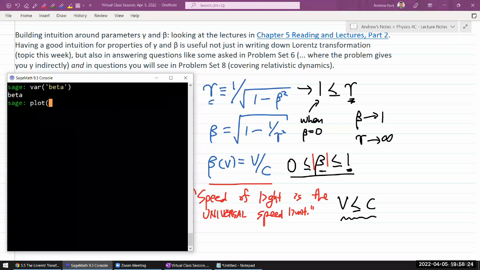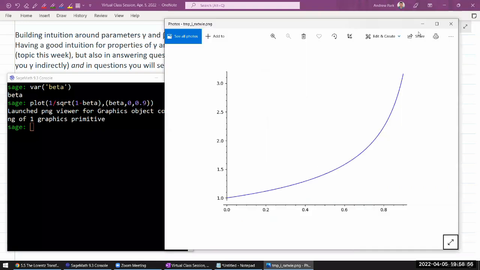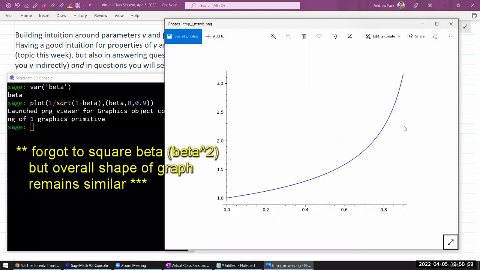And I'm trying to plot gamma, which is 1 over the square root of 1 minus beta squared, with beta going from 0 to, I don't know, 0.9 maybe. I don't remember the syntax; if it doesn't do something reasonable, I will look it up. Okay, so this is what it plots. For this plot, I stopped it at beta equals 0.9, and it maxes out at 3 point whatever.